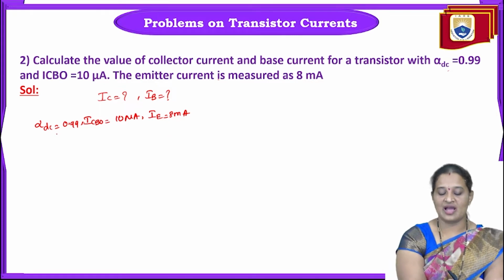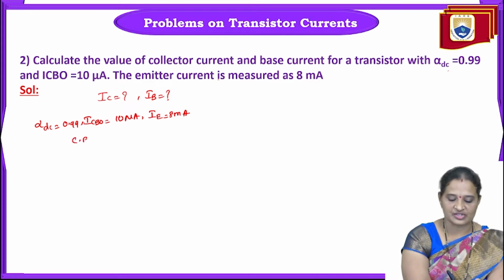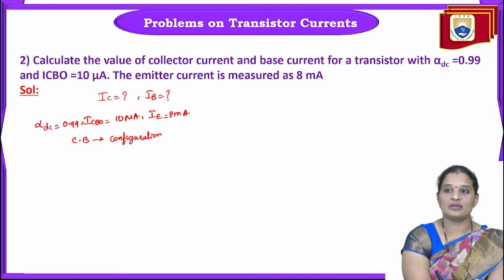Now we need to calculate the collector current and base current. As alpha DC is given, what is the configuration of the transistor? Common base configuration, because alpha exists only in common base configuration.